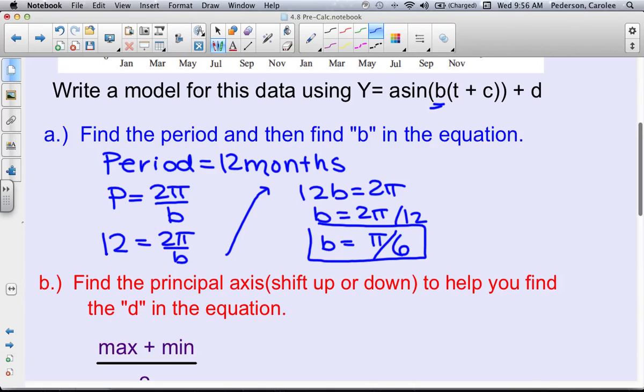The next thing I do is I find what we call the principal axis. It's how much the graph shifts up or down from the traditional parent function where the horizontal axis was at the x-axis, y equals 0. And that'll help you to find the d in the equation.